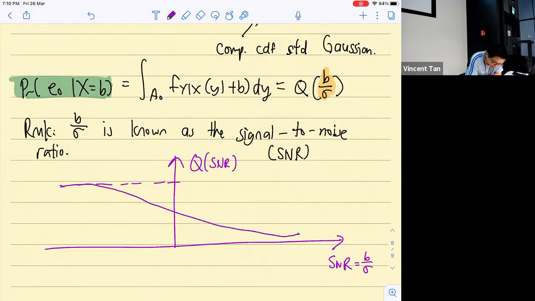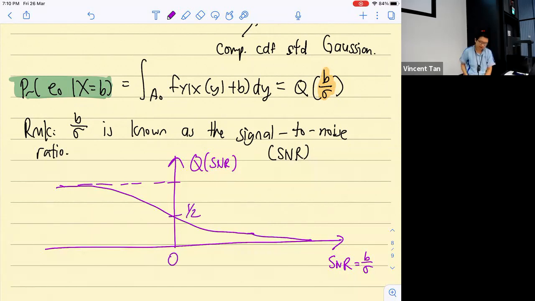This one cannot go up. It's very difficult to draw this. Last time, before I had to use this iPad, I could draw on the board. It will be very beautiful. Okay, and this is half. Okay, so this is the Q function, very important in some aspects of electrical engineering.